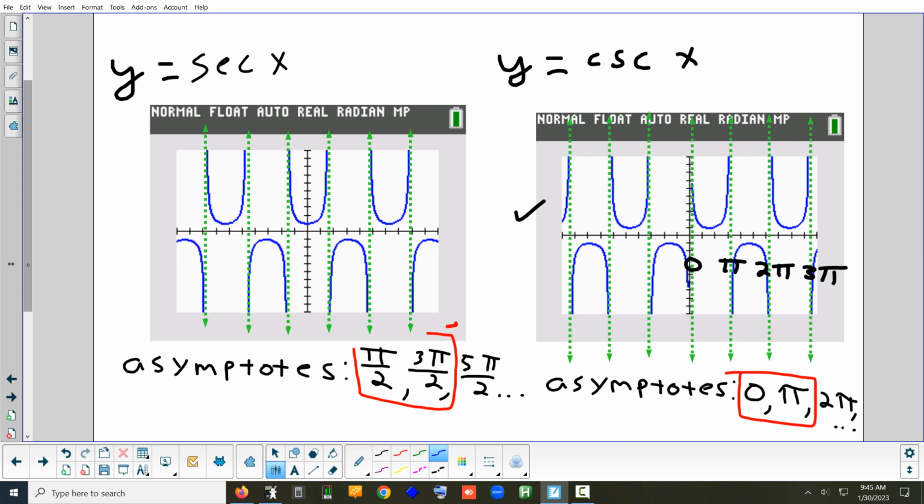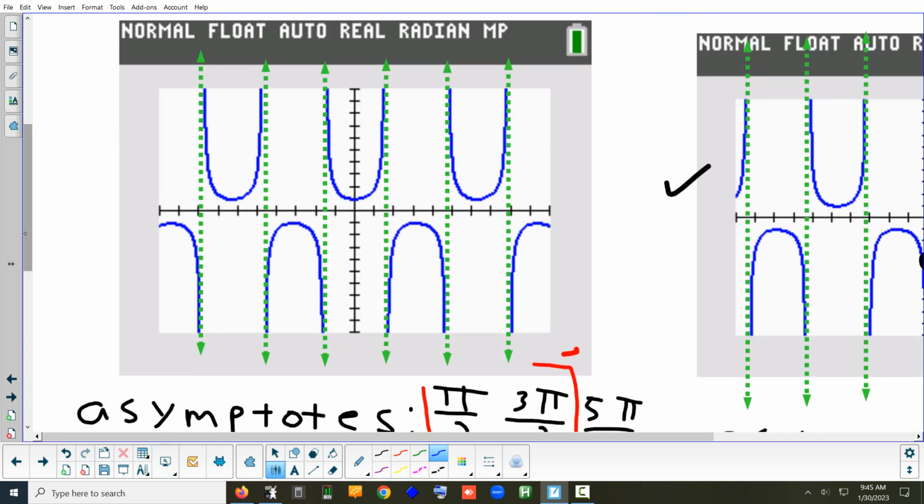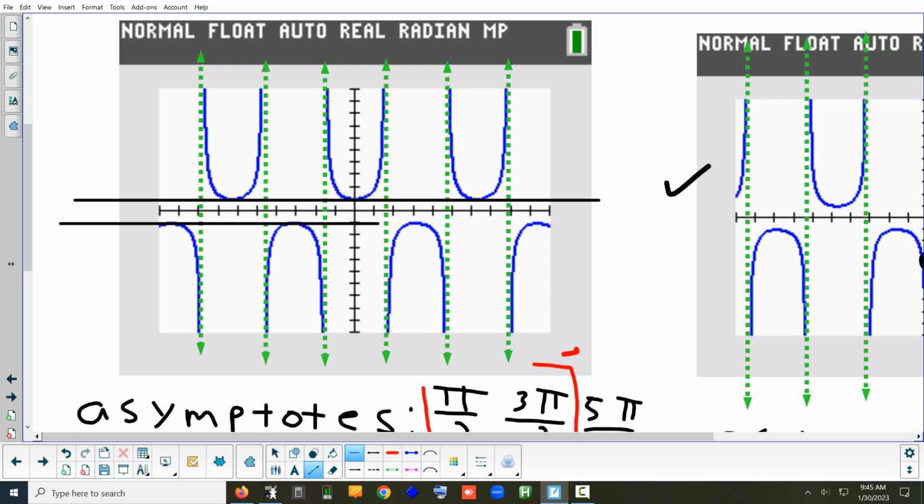Yeah. Does it go down forever? Does it hit everything in between going up and down forever? No. There's a gap. It never hits what goes between those two horizontal lines.